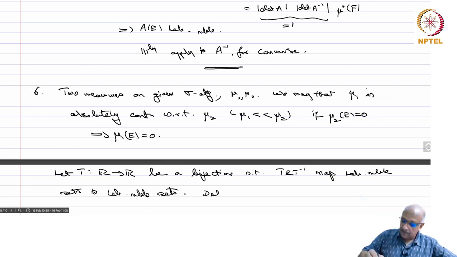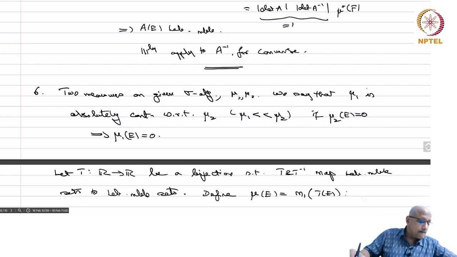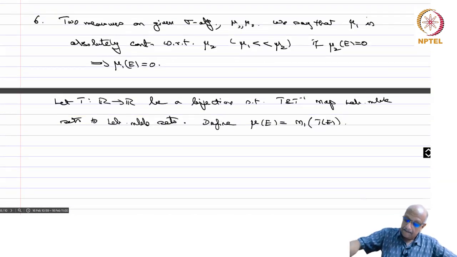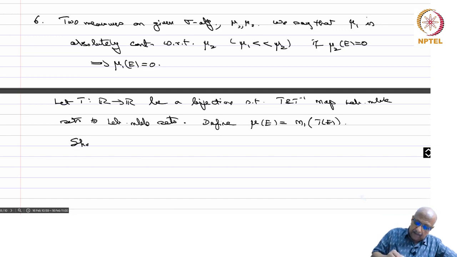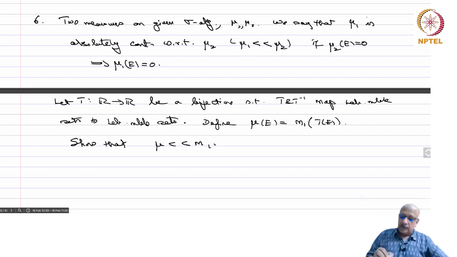Define mu of E as M1 of T of E. Show that mu is absolutely continuous with respect to the Lebesgue measure.